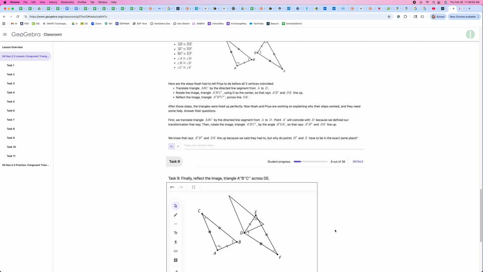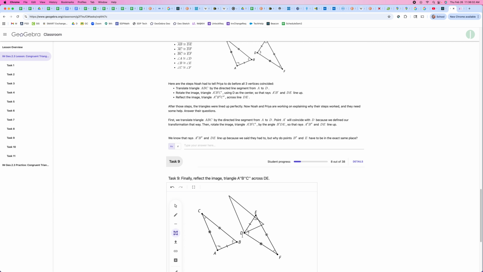Okay, then what he does is he says, using D as the center, he's going to rotate this triangle right here so that rays AB and DE line up. So this is AB. I can't change the color of that, unfortunately, but I can put some text in here.